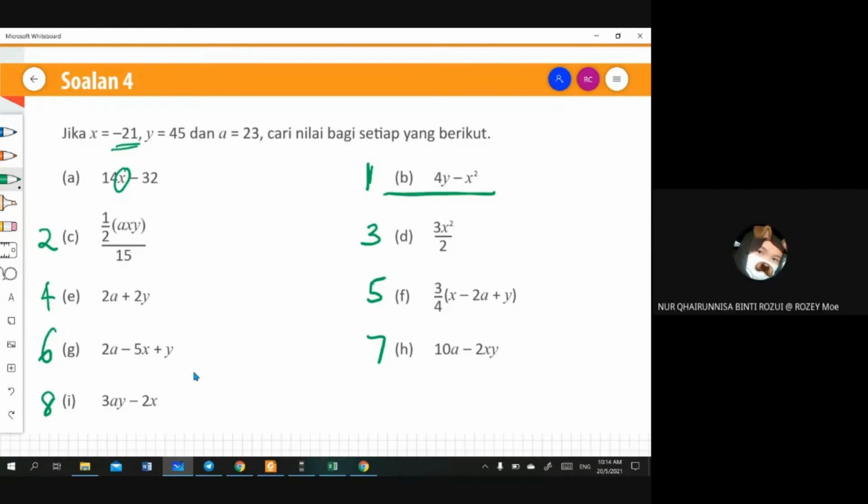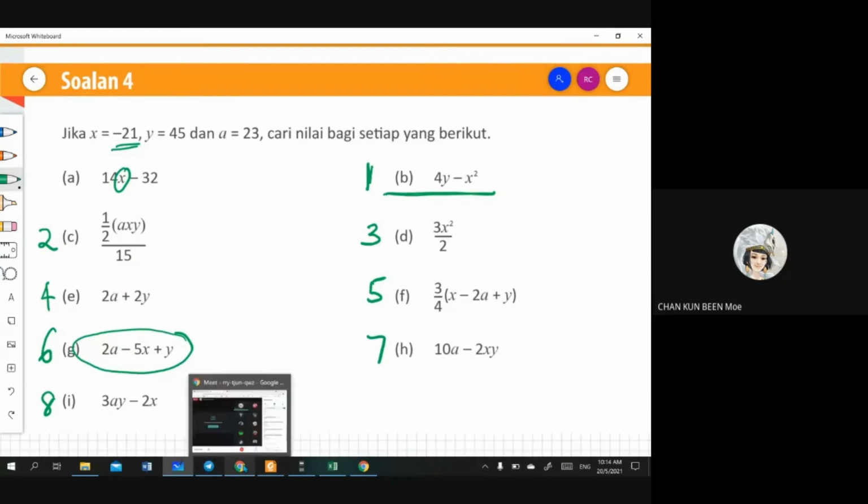Negative 17. Negative 17 is also not correct. If you can give me your answer before the discussion, then I give you the point. What about group 5? Have you got the answer? Group 4, group 3, group 2, group 1, everybody can give me your answer. You just need to tell me which group you are.